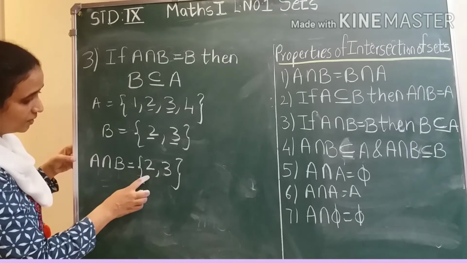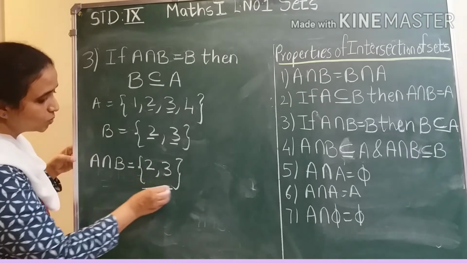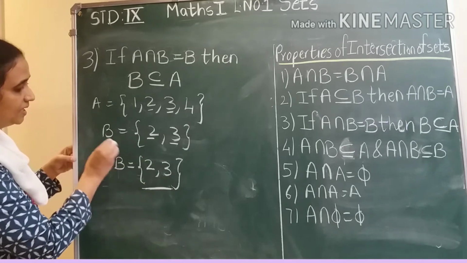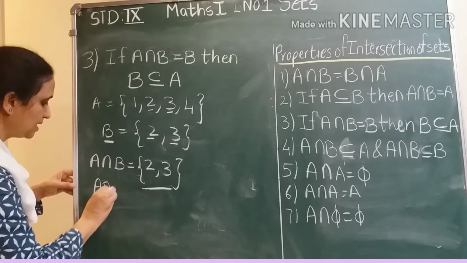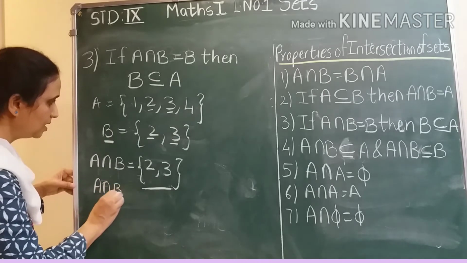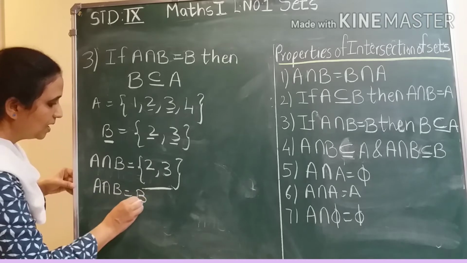But if you see over here, these two elements 2 and 3 are present in which set? They are present in set B. So A intersection B is equal to B.